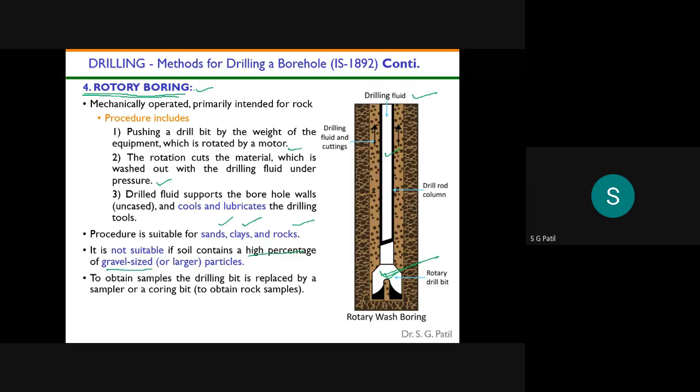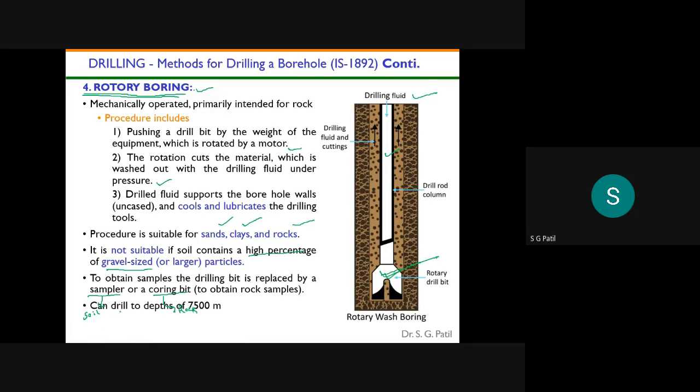To obtain the samples, the drilling bit is replaced by a sampler or a coring bit. If you have soil, we will use a sampler. If you have rock, then we will use a coring bit.